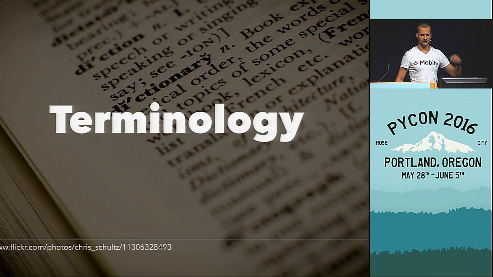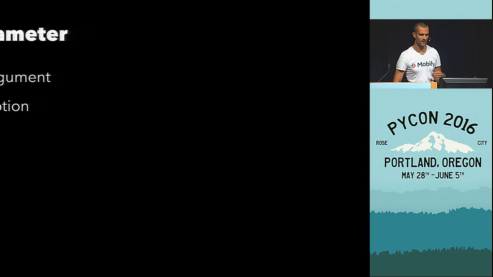But first, just a really quick terminology thing, what I'm going to use throughout the slides. When I'm talking about parameters on the command line, so we're talking about command line tools, parameters are basically all the things that come after the command line tool's name itself. And they are separated into arguments and options.